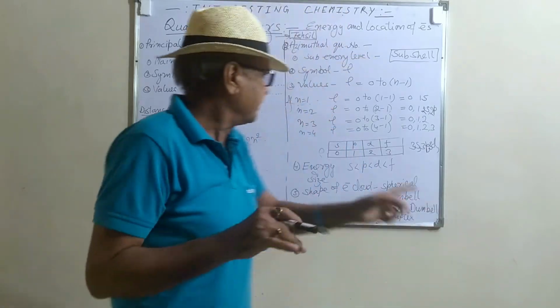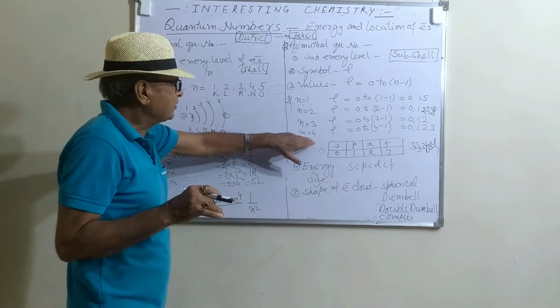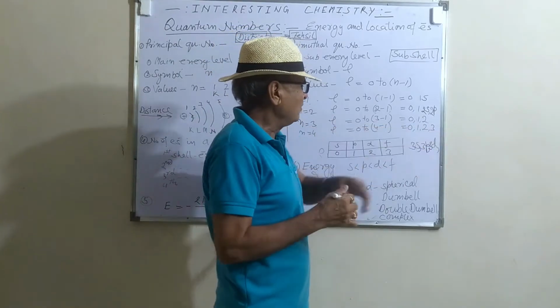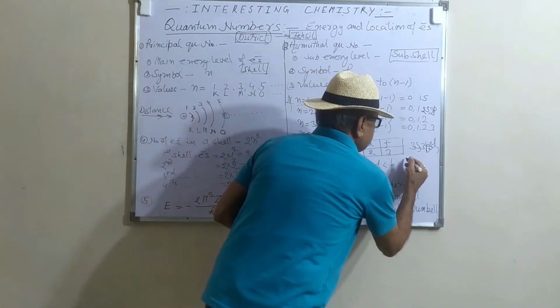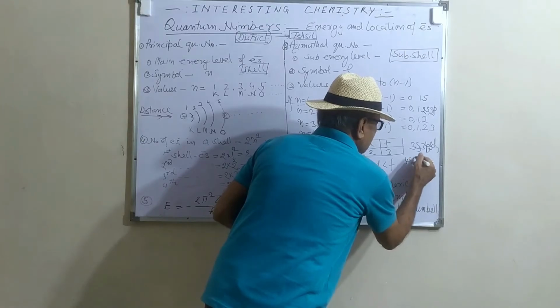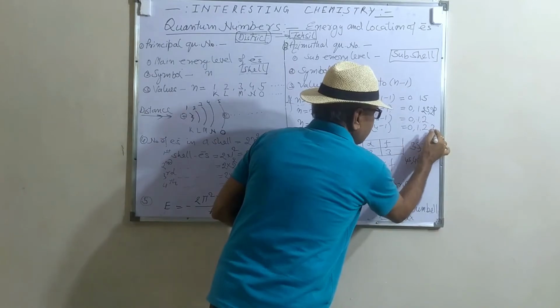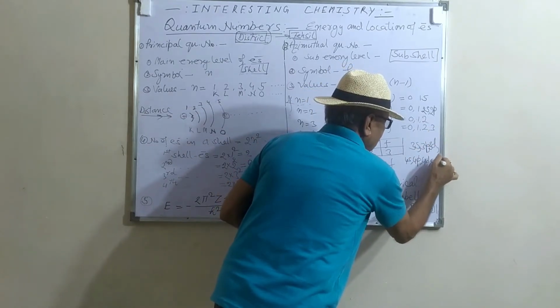So again, when n is equal to 4, I think you understood, 0, 1, 2, 3, and here you will write 4S, 4P, 4D, and here is 4F.